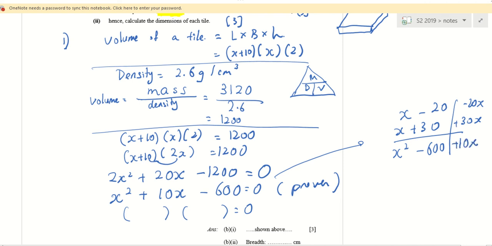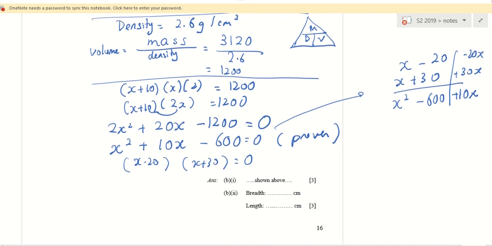Right, I'm done. So x minus 20, x plus 30. Are you familiar how to simplify here? So I say the first bracket equals 0. Morgans, do your job. Then you find the value of x.